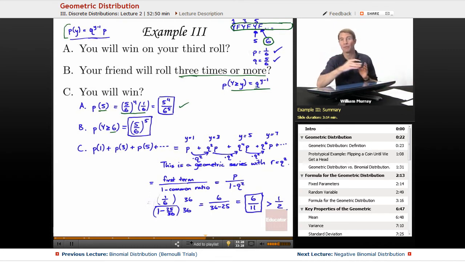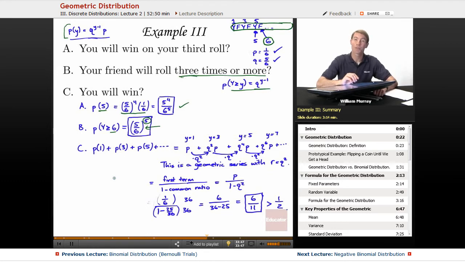Fail means we have to not roll a 6 on the first 5 turns. So the chance of not rolling a 6 is 5/6, and so to last 6 turns, we've got to roll something else 5 times in a row. So that's where that answer comes from.